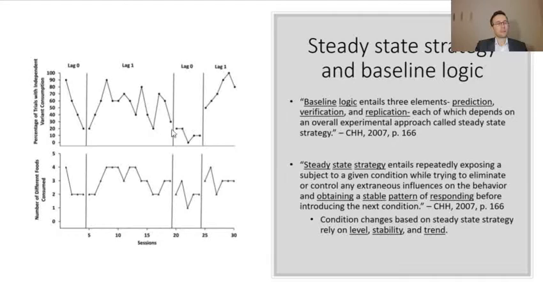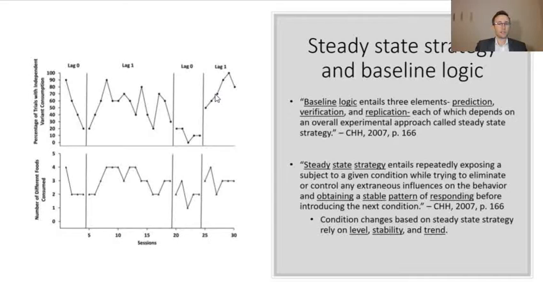Now, this data path enables us to make a prediction. Right? So this data path predicts that if we weren't to change anything and we were to continue to collect data, then variant consumption would continue to be low. And the lag 1 data path allows us to predict that if we were to reintroduce the lag 1 schedule, we can expect that variant consumption will increase somewhere between about 0% to about 80%.